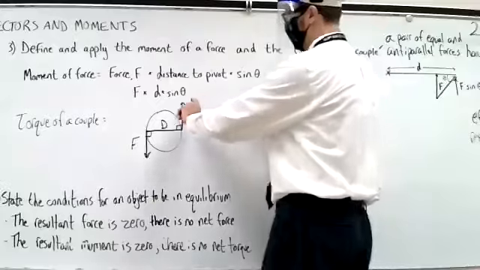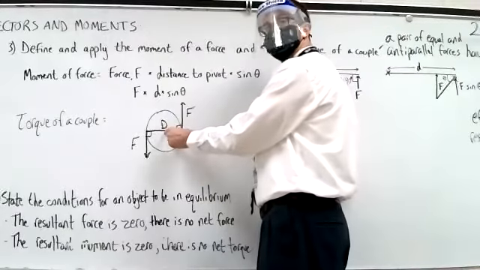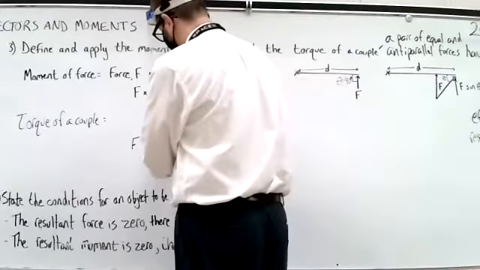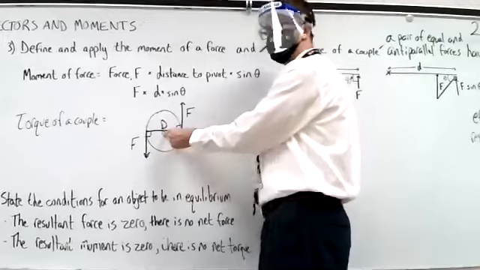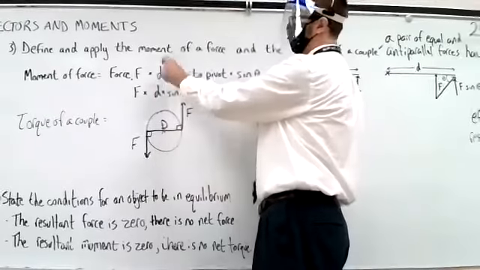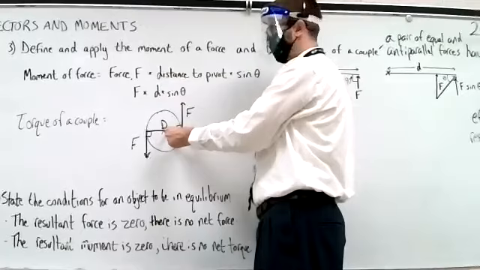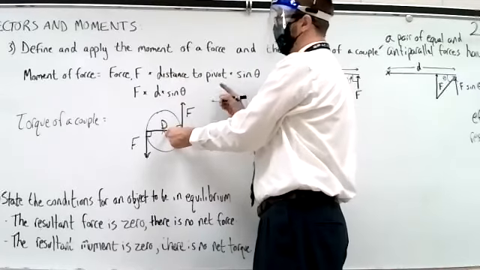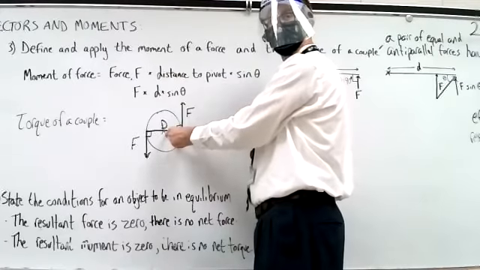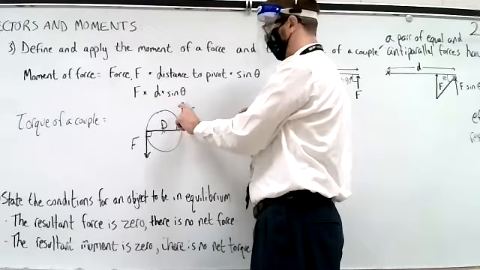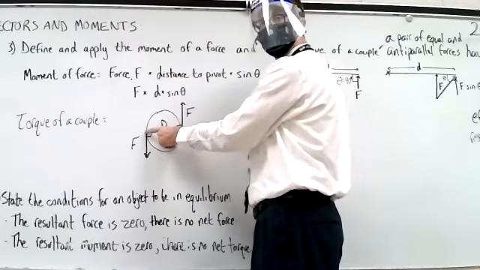If you did force times radius, and you thought the center of my circle here is like a pivot, and you thought about it like moment of force, and you did force times r, the radius, that wouldn't give you the torque of a couple, because it's one of the forces times the entire distance.